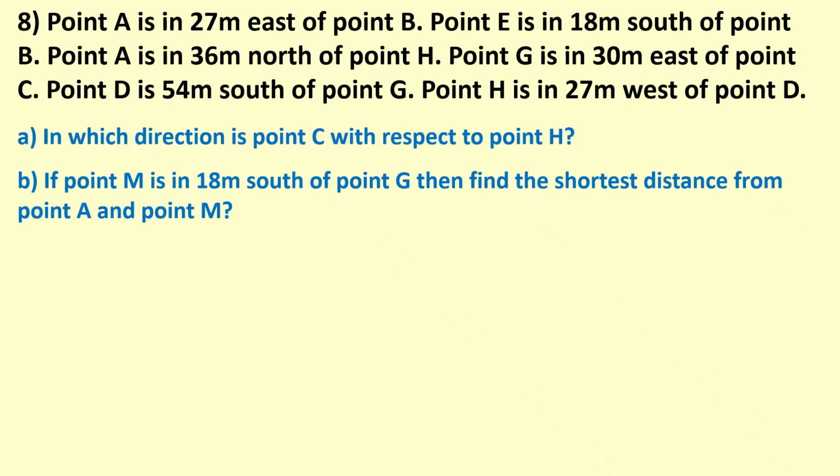So point A is 27 meter east of point B. This is point A. Point A is 27 meter east of point B. Okay, this is slightly a different type of question, so I thought I will solve it for you all.